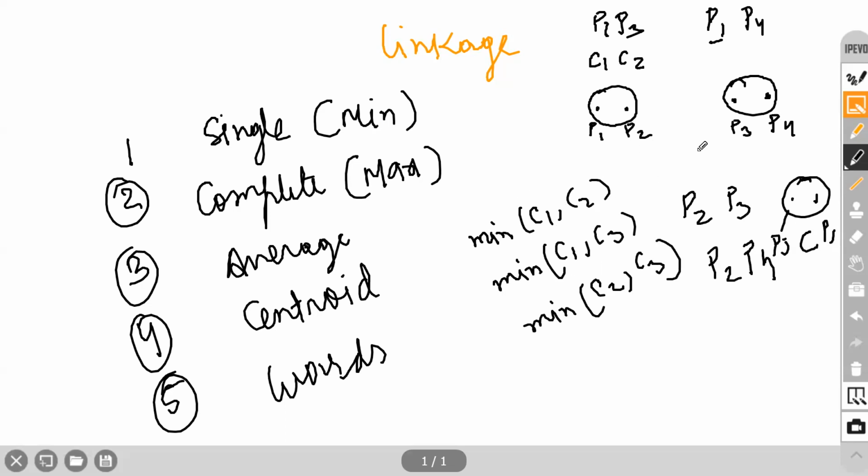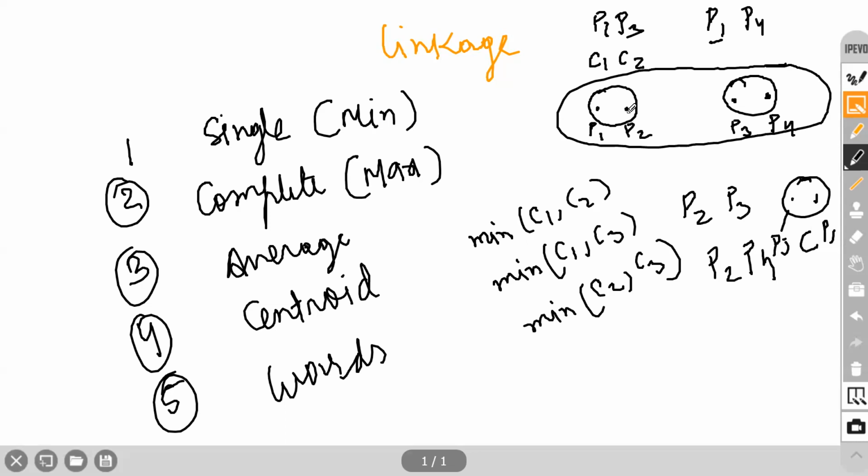Whichever has the minimum distance, say P2 to P3 is the minimum distance, I will combine those as a cluster, as the hierarchy combines clusters.